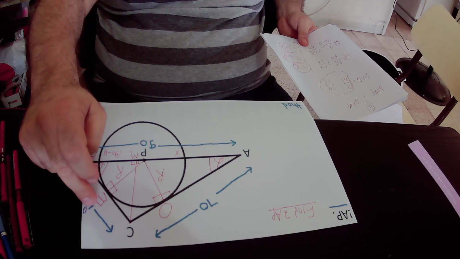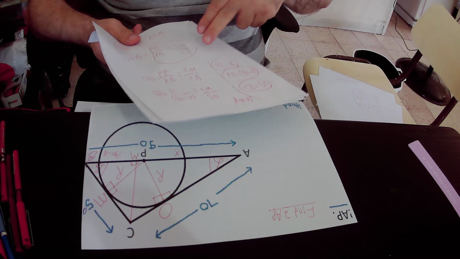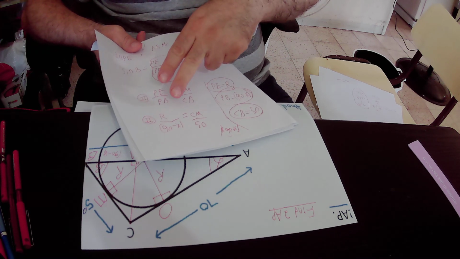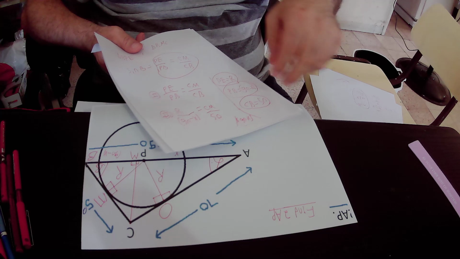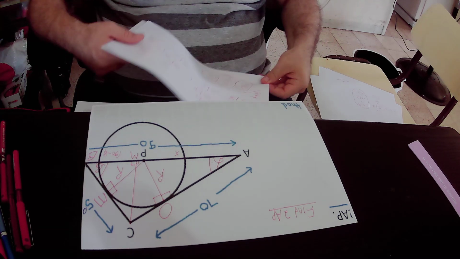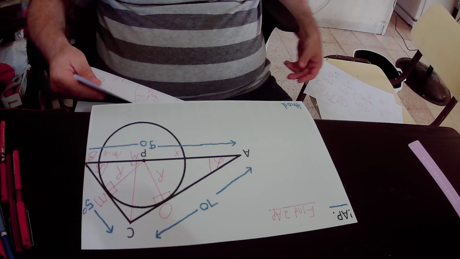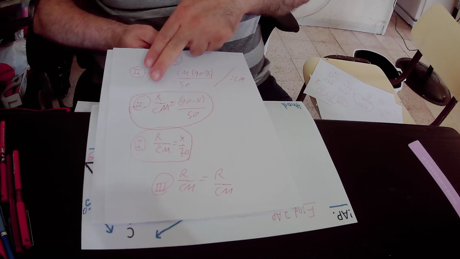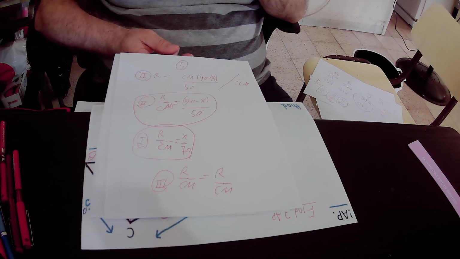It is given in the question. So we will put all this data in equation 2. We got that R over 90 minus X equals CM over 50, and at the end we got from the second equation that R over CM equals 90 minus X over 50.